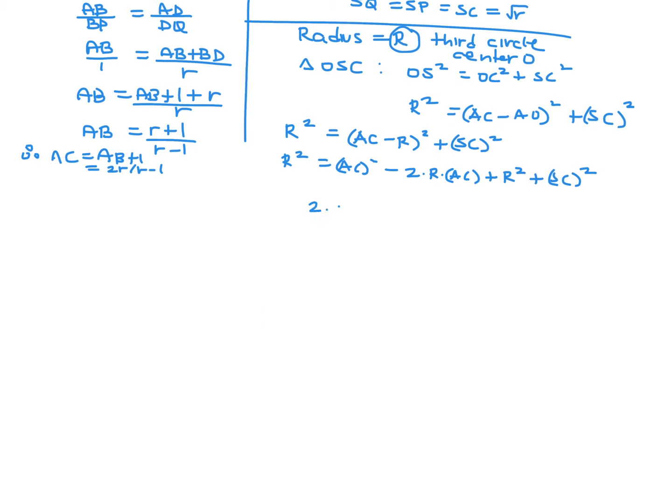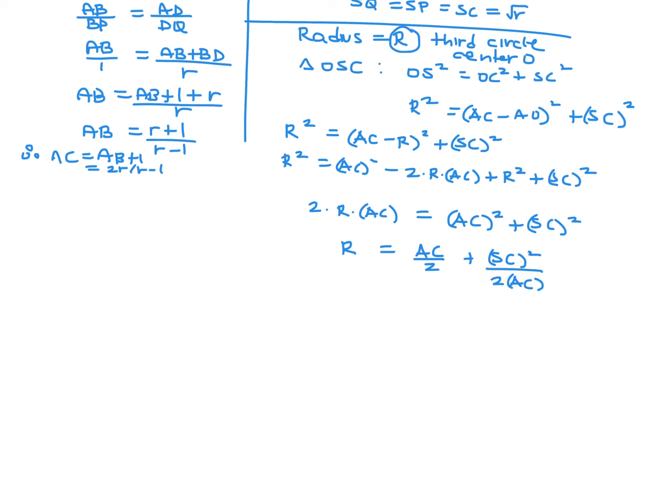I'll get 2 times R times AC. The R squareds go, and we just have AC squared plus SC squared. Okay, and then if I divide through by 2AC, I can just have R equals AC over 2 plus SC squared over 2AC.